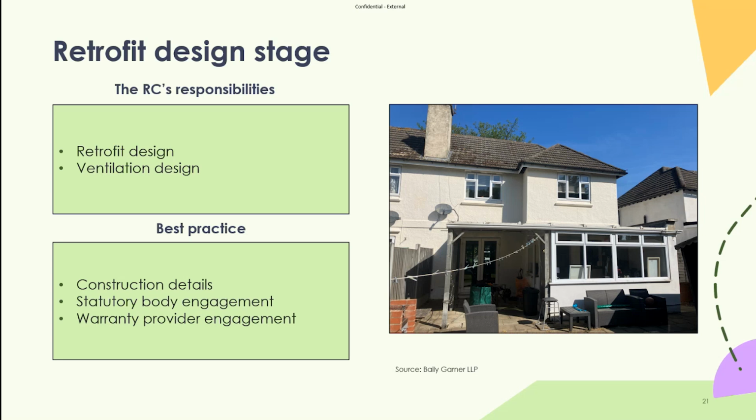If you get the design right and it's a robust design, again, it will massively influence the next stage. And I always try and think about, when I'm reviewing designs, if I was the installer and I was going to lug my EWI to this property tomorrow, would this design be sufficient for me to install this properly?